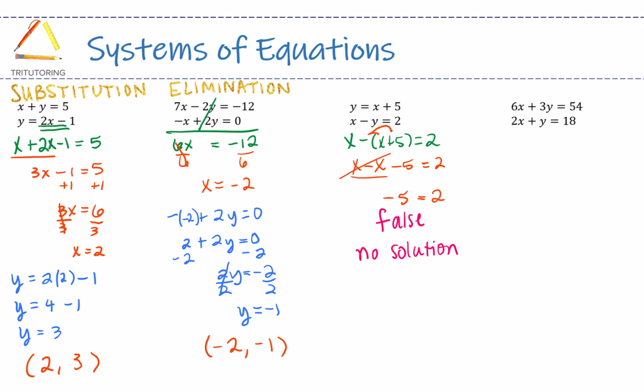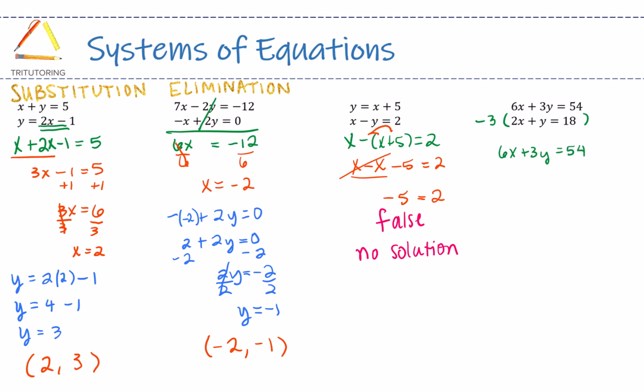In order to achieve a 3 minus 3, we can actually multiply one of the equations by some scalar term. Now, it does have to go to every single term in our equation. So I'm not going to change the first, 6x plus 3y equals 54.